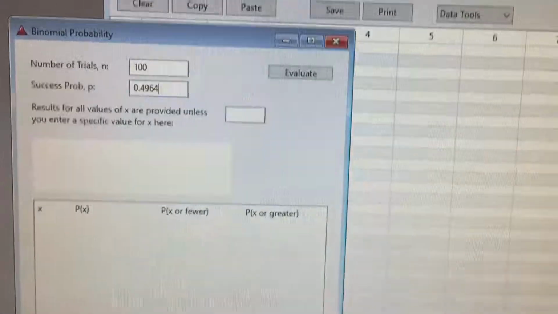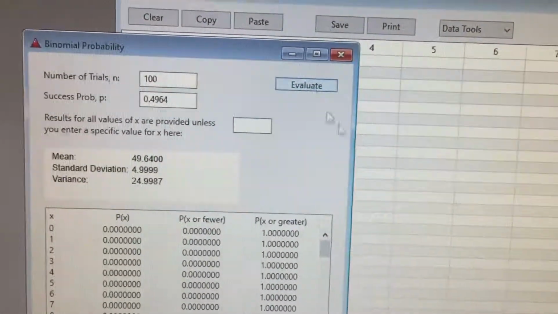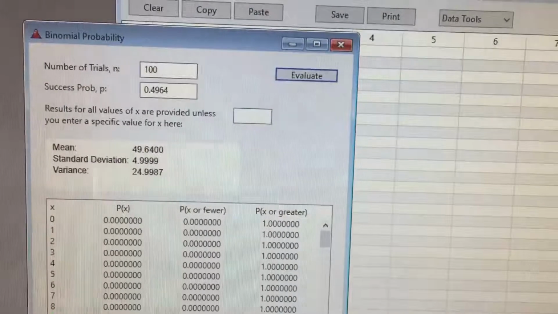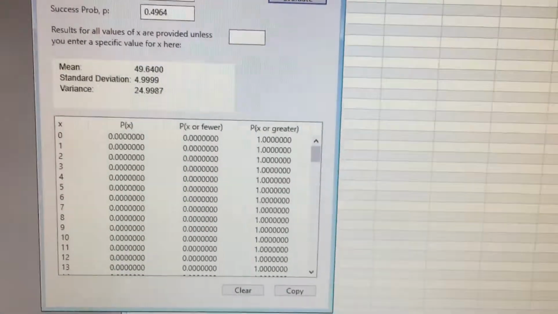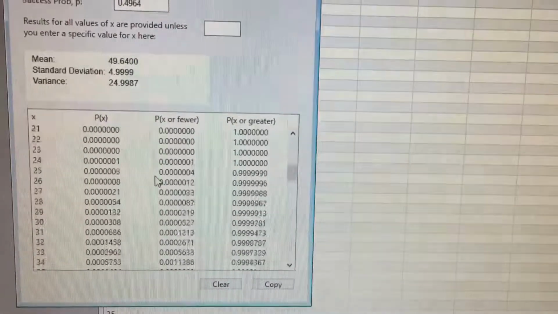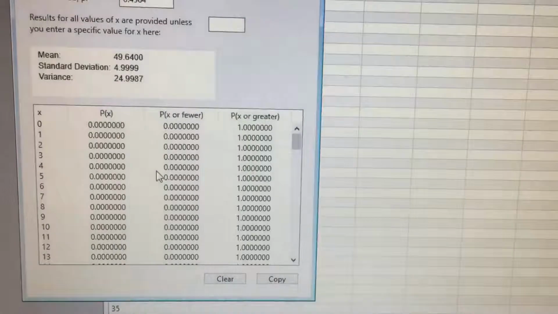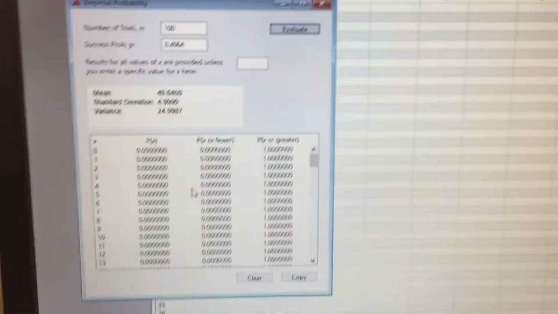You're going to type that in. Then you're going to click Evaluate. And again, your screen is going to look like this because this is just going to be everything from 0 to 100.